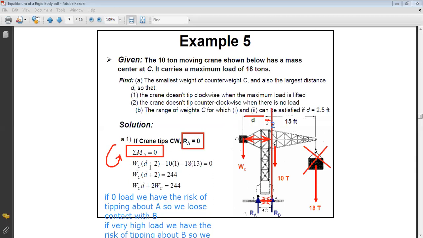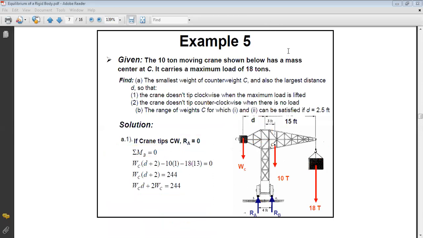Now, what are the other forces acting on my system? I have now the 10 tons force, which is producing a moment into the clockwise direction. If you look here, the distance you should find is from point B to this force, which is this distance here.